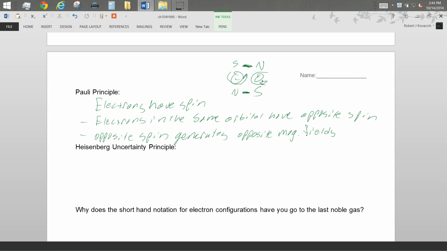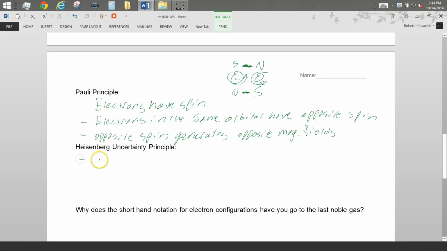Uncertainty principle? What are the basics with that? Does it have to do with something about mathematics? Nope. Basically, you can never know the exact position and speed of something at the same time.